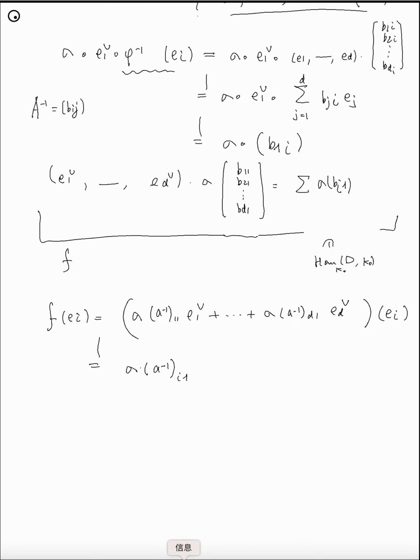What you got here is the summation of sigma B I1 EI du from 1 to D. And so when we check this, we'll check with B11, BD1.